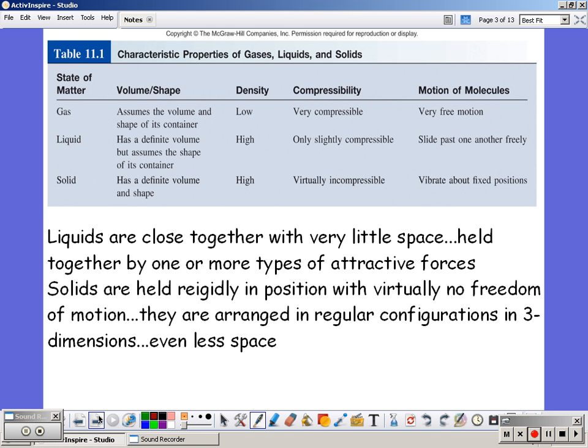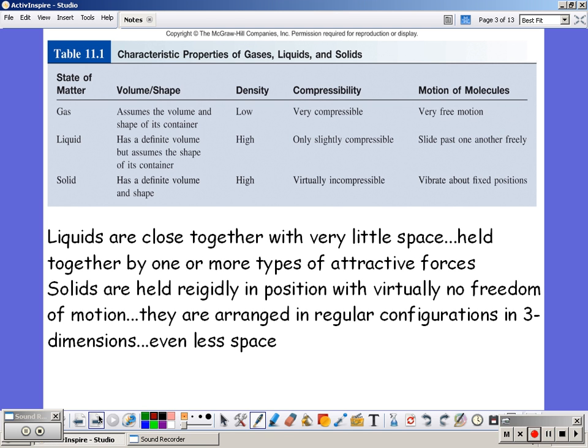They're held together by one or more types of attractive forces. Because the attractive forces are now playing a role, a liquid has a definite volume. It can still take the shape of its container though. Liquids have a higher density than gases. Liquids are only slightly compressible, because there's still a little bit of space in between. And they still slide past one another freely.